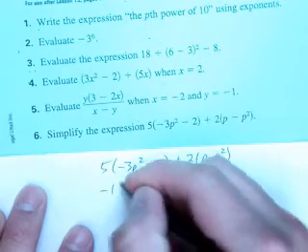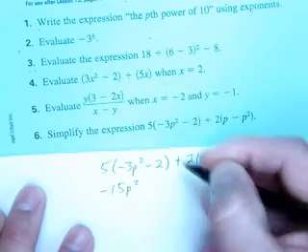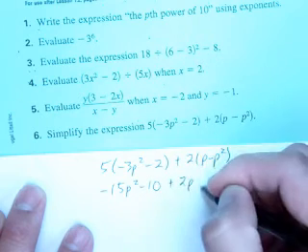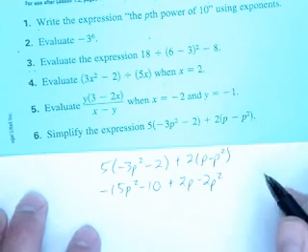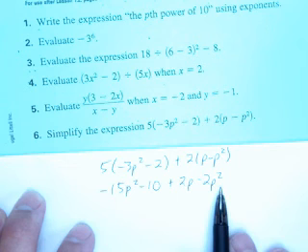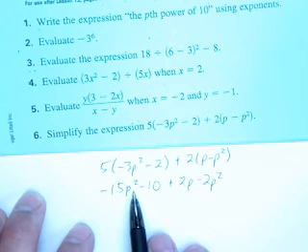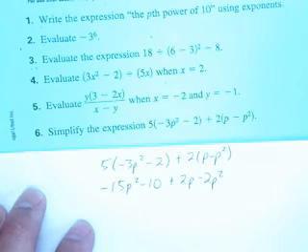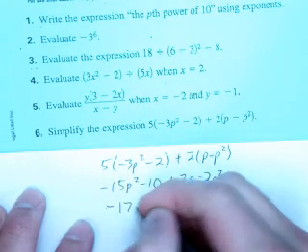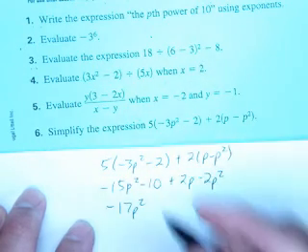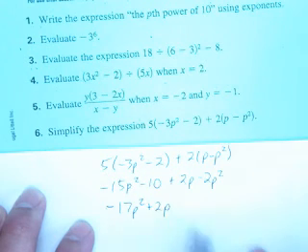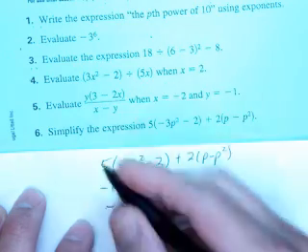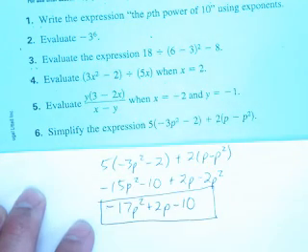This becomes negative 15p squared minus 10 plus 2p minus 2p squared. Find the highest degree term and collect all those first. So we have a negative 15p squared here and negative 2p squared here, giving you negative 17p squared. You have a 2p here, and you have a constant of negative 10 here. And so this is how you fully simplify that expression.